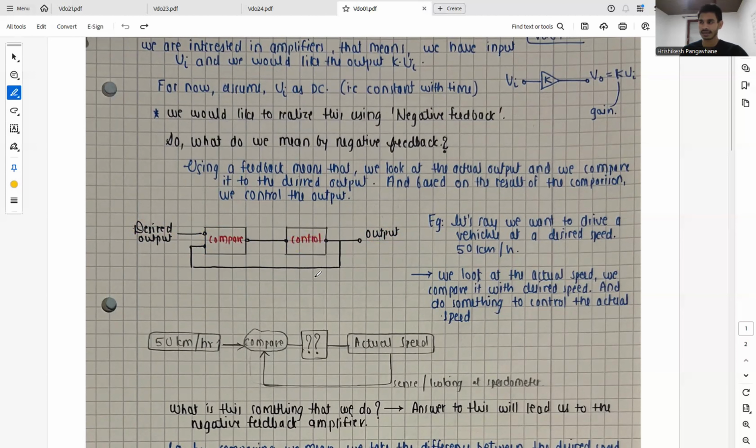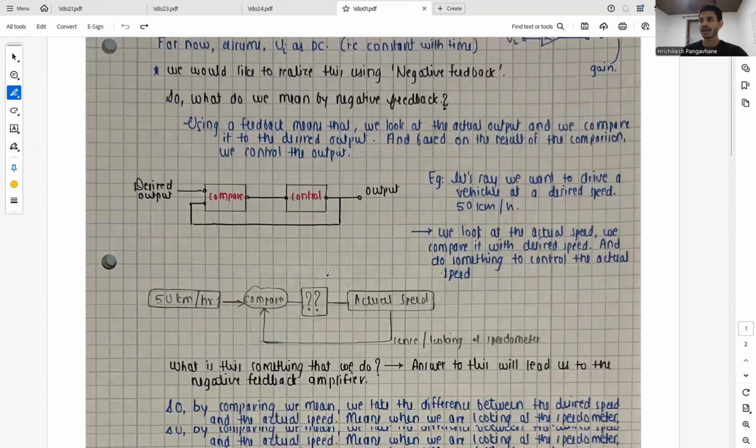So let's talk about this in detail. For example, let's say we want to drive a vehicle at a desired speed of 50 kilometers per hour. So what we actually do is we look at the actual speed at this very instance, and we compare it with the desired speed, which is 50 kilometers per hour, and do something to control the actual speed.